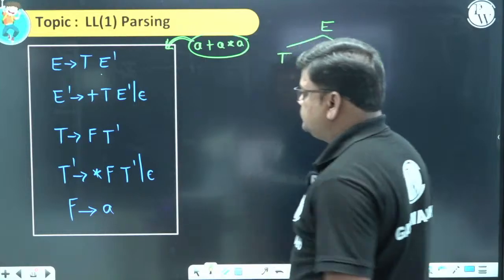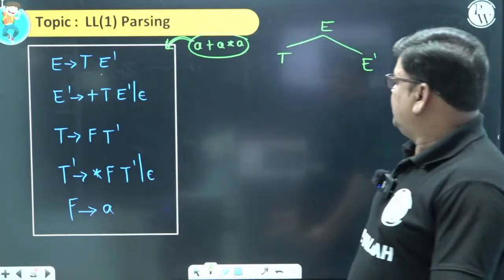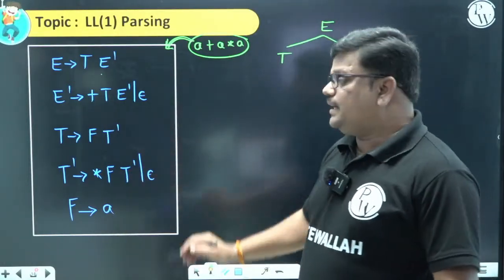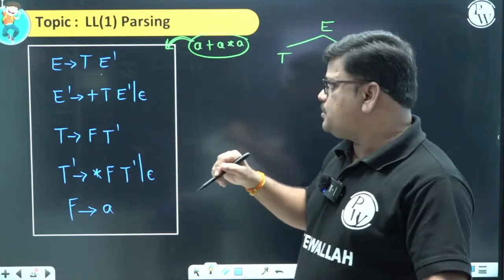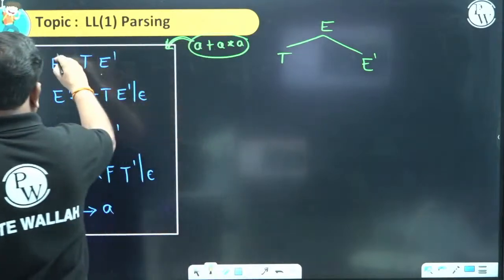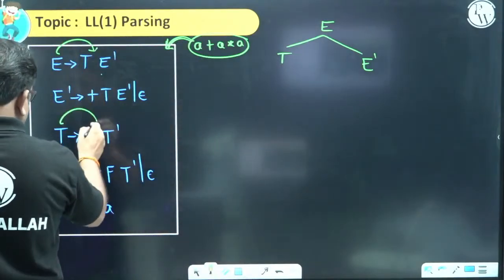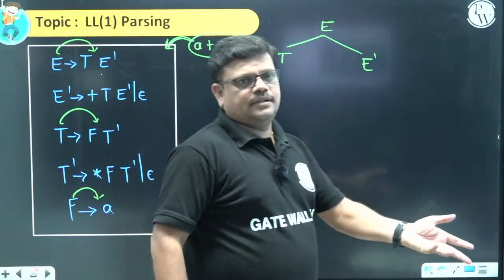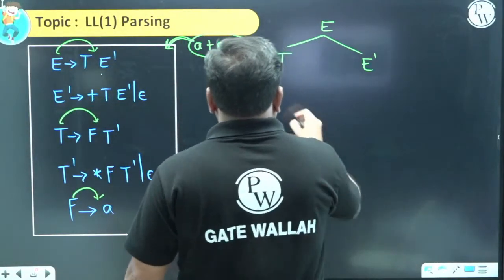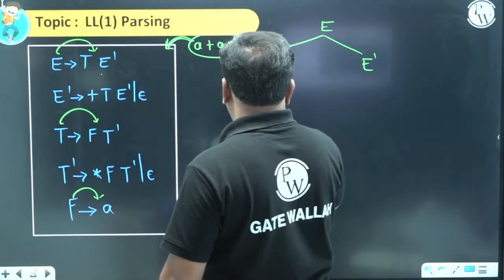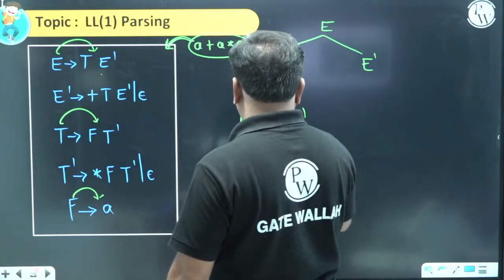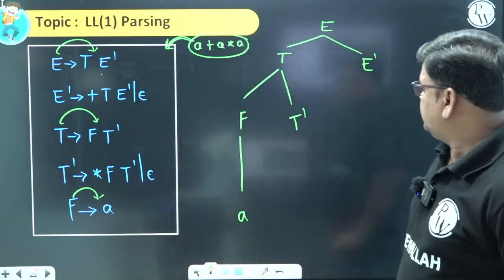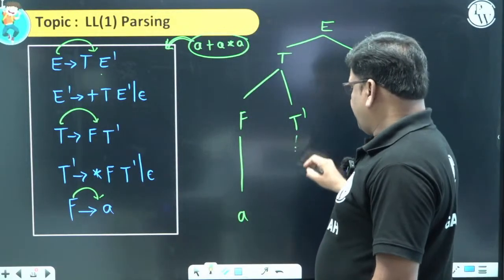Then leftmost expansion: T is replaced by F T dash, F is replaced by A, then T dash is replaced by epsilon.